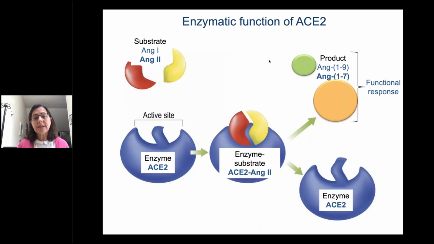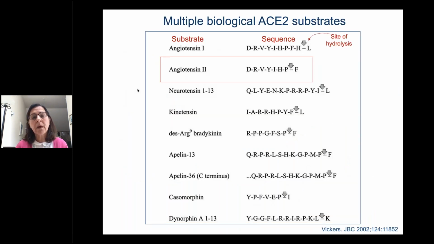And as Anthony has just said, ACE2 is an absolutely critical peptidase within many biological systems. But from a very simple point of view, we know that ACE2, acting as a peptidase, binds its substrate angiotensin-2 to generate the product angiotensin 1-7, which in turn has its biological functional role.